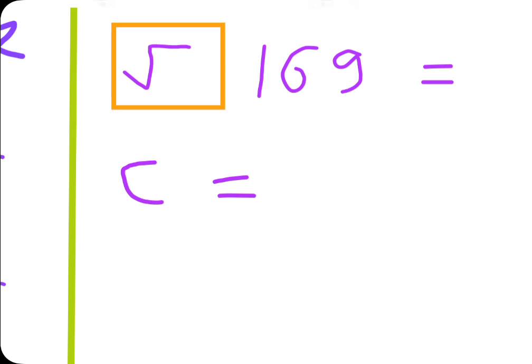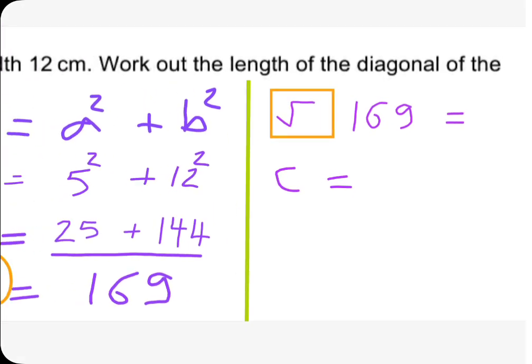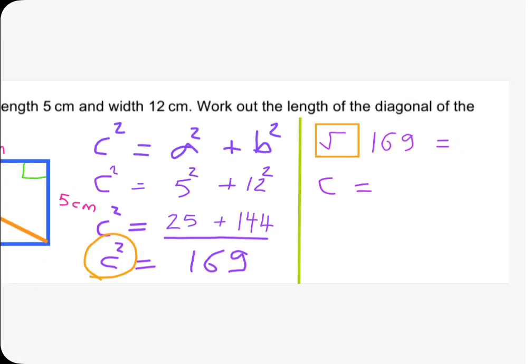Now let's use the calculator to find this answer. So each time you get a question like this, a squared variable with a number, you have to use the square root on your calculator to find it. Now let's go to the calculator and I'll show you how to use it.